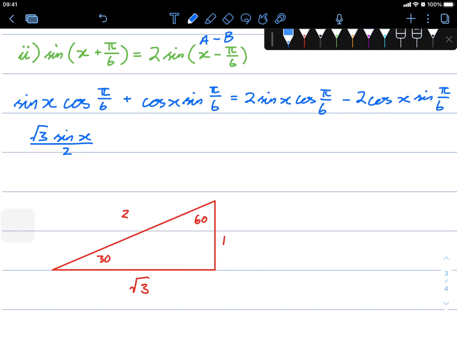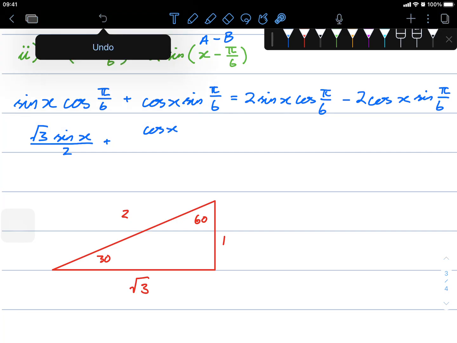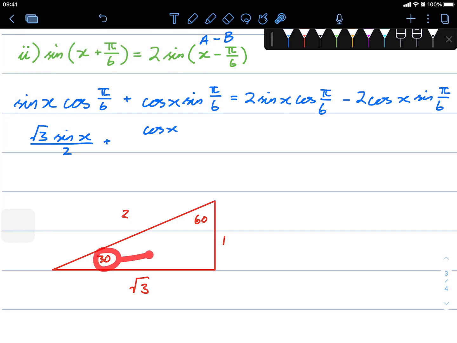It's going to be cos x times sine pi on 6. Well, pi on 6 is 30 degrees. That's going to be opposite over hypotenuse. That's sine pi on 6. So cos x times half, we can simply write as cos x on 2. And there we have it.